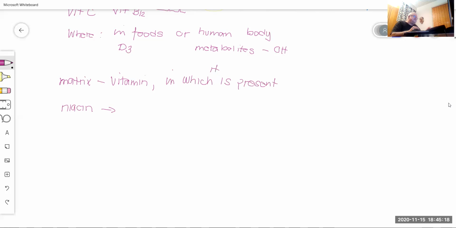So niacin deficiency was not found in Mesoamerica. Why? One of their staple foods was corn. And in corn, this niacin is in the bound form.